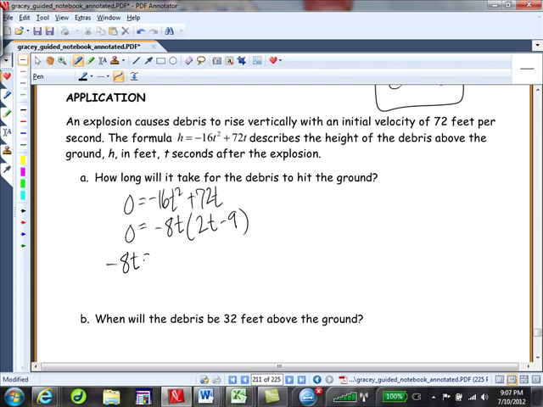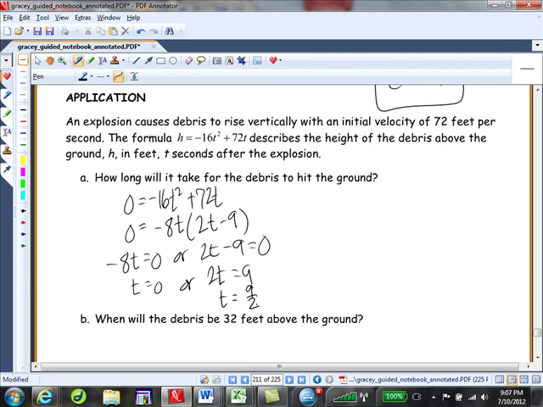So either negative 8t is 0 or 2t minus 9 is 0. So t would be 0 or 2t would be 9. And multiplying both sides by 1/2, we would get t as 9/2, right?